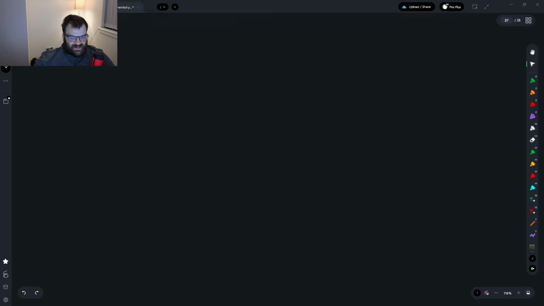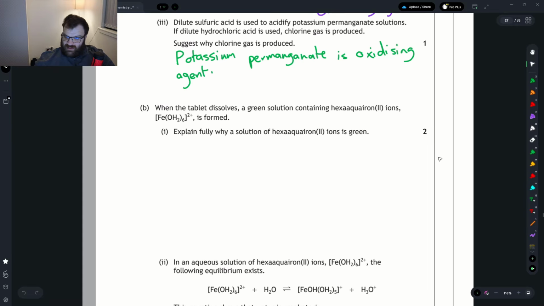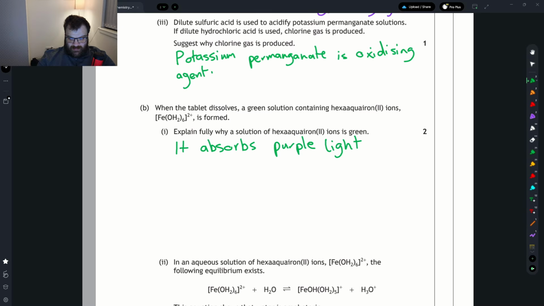So if it appears green, that means that it absorbs purple light.